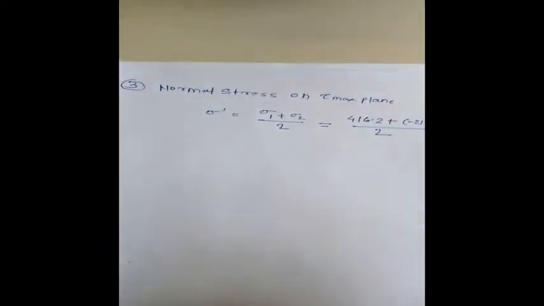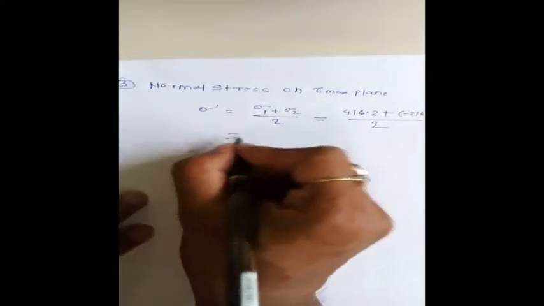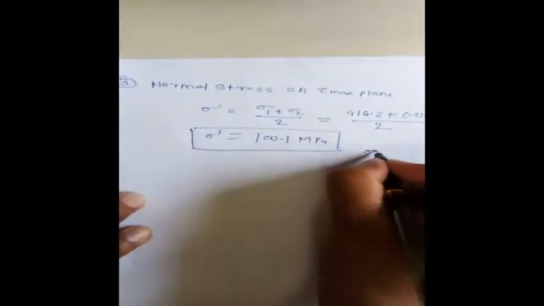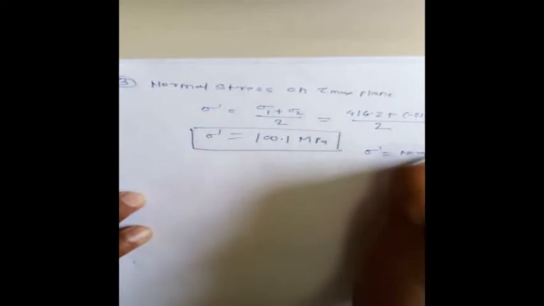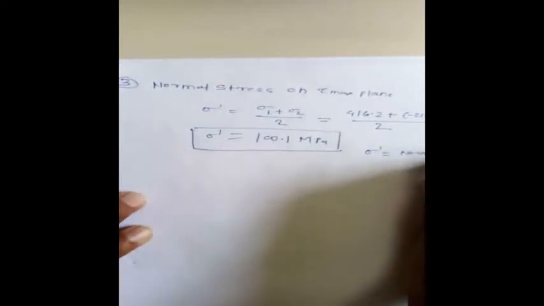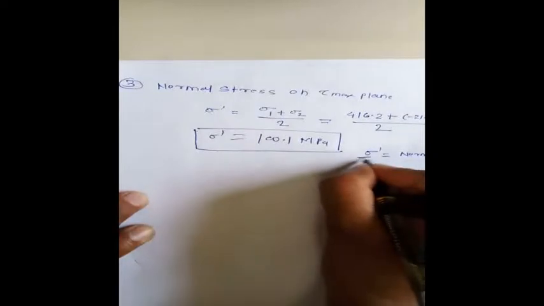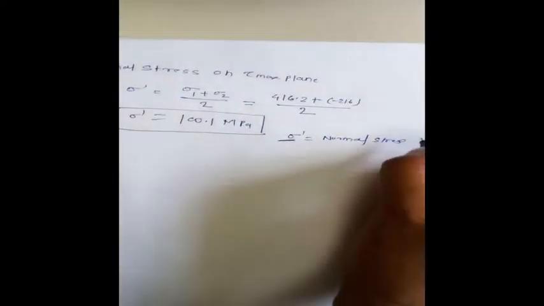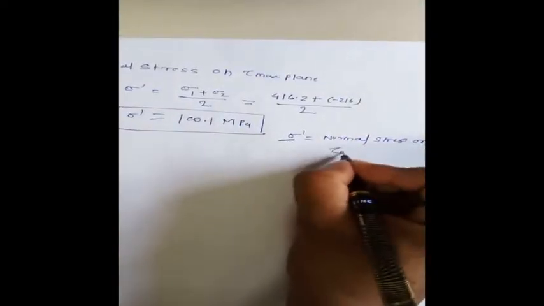If you solve it through the calculator, 416.2 minus 216 by 2 is 100.1 megapascal. So this is the normal stress. Here we are denoting it by sigma prime. This is the normal stress on tau max plane.